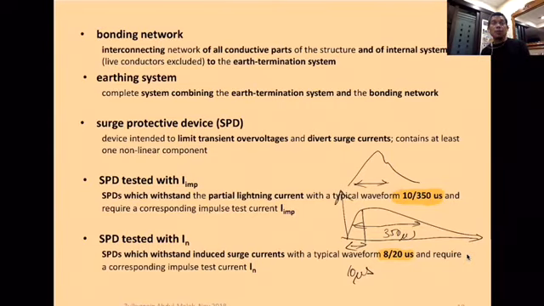So when you want to put an arrestor or SPD at the main board, at the front entrance of your wires into the house, you should use this one, because that one is for if you have a lightning strike to the wires, so the whole lightning current can propagate. But if you want to protect your equipment, for example, because of the induced surges, you should use the other one, because this is based on the induction.